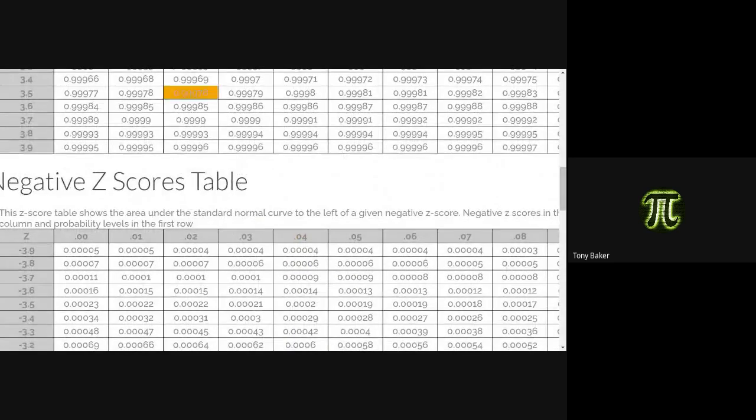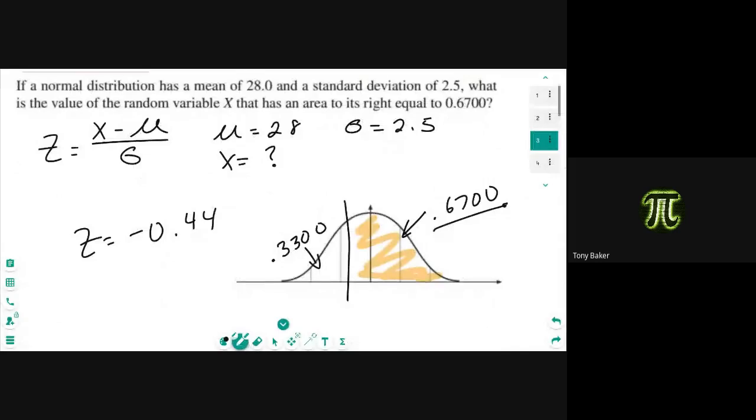So that's negative 0.44. So it's negative 0.44 is my Z. That's the complement of what they gave me.